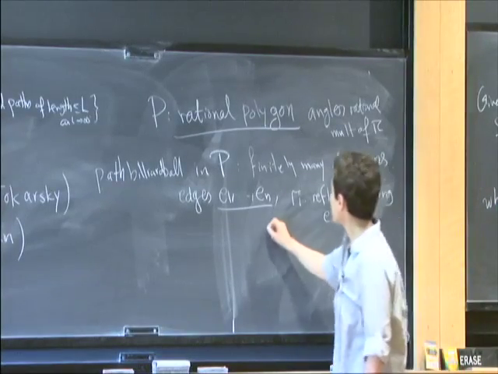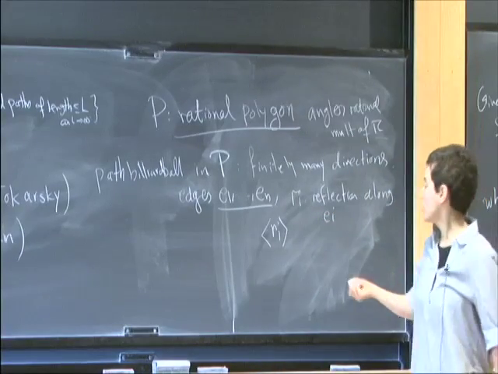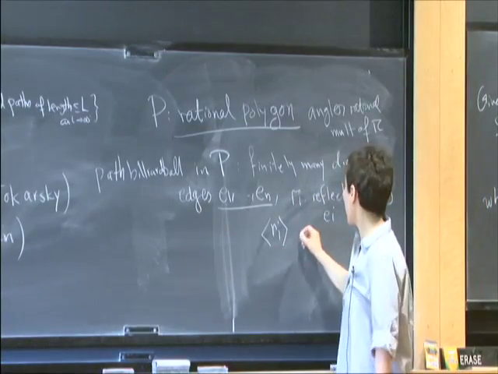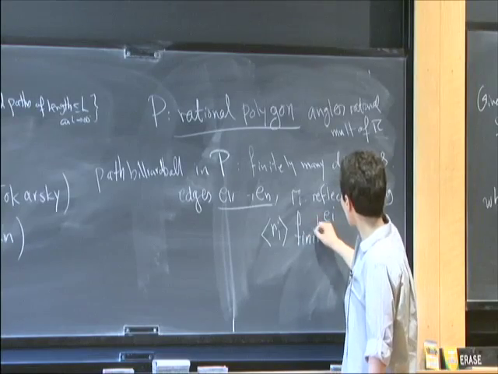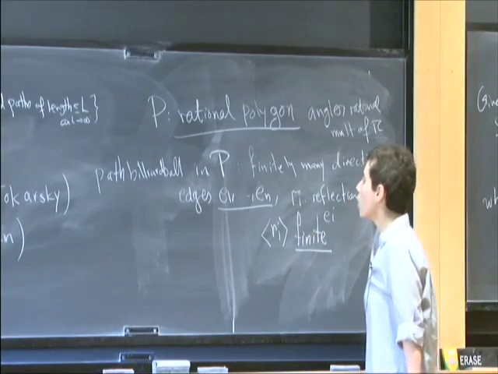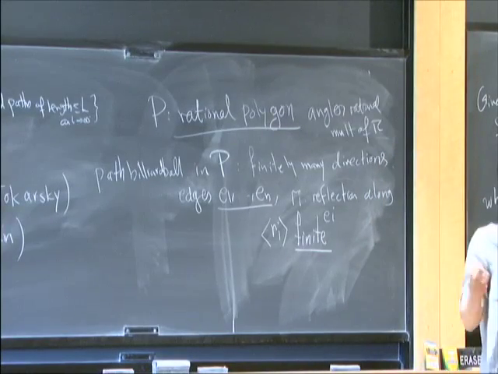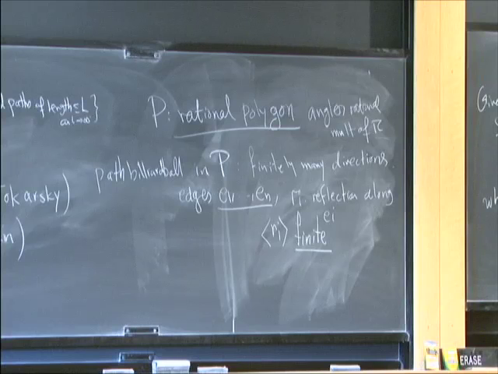And the group generated by the reflections, so the interesting thing is that for rational polygons the group generated by the reflections would be finite in SO2. If you start a path in an arbitrary billiard, you start with some angle, and then the angle changes and changes. You're hitting the line with an element of SO2, and basically the group is dense in SO2.